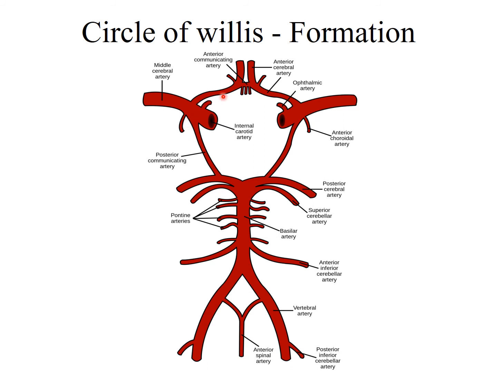This is the internal carotid artery, which divides into the anterior cerebral and the middle cerebral. There are two anterior cerebral arteries, and these two are united by a communicating artery known as the anterior communicating artery, which communicates the two anterior cerebral arteries.